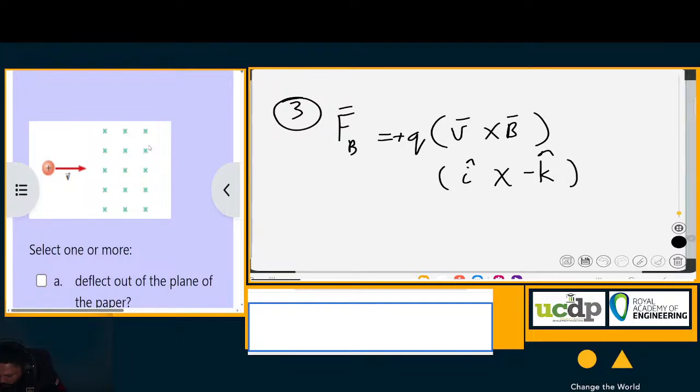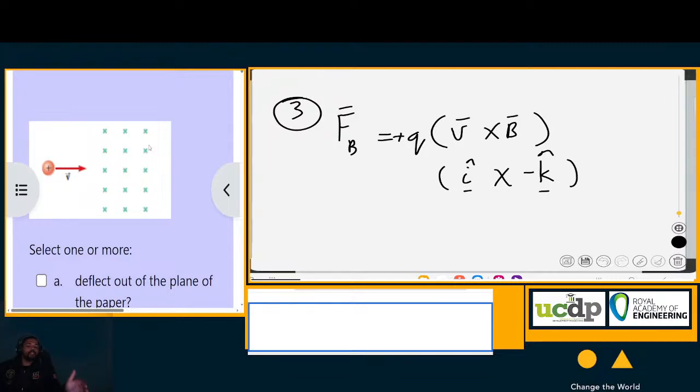Now if you use the cross product of the velocity direction and the magnetic field direction, it should give you the direction of the force, right? So the force would point, if you use the right hand rule, point your fingers in the direction of the moving particle, which is towards the right.